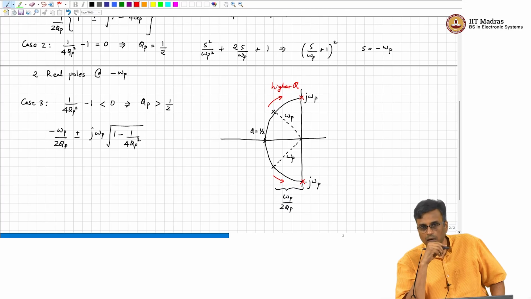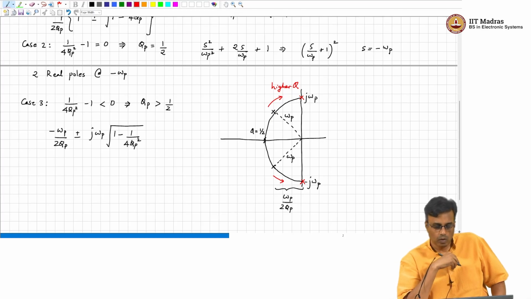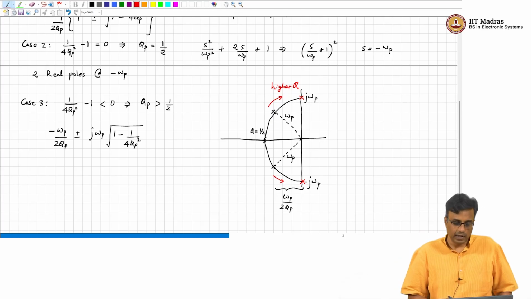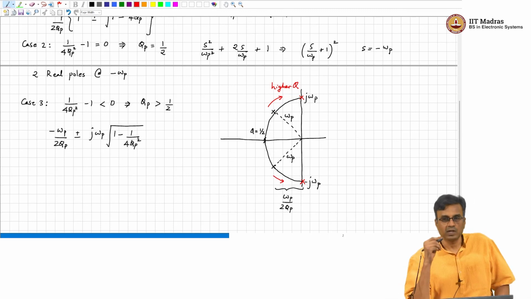Is that clear? Okay. So, for Q obviously being negative, the poles are in the right half plane, and they are not useful because the system is unstable.